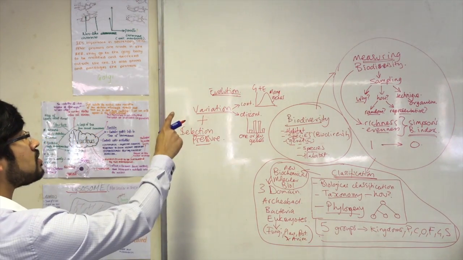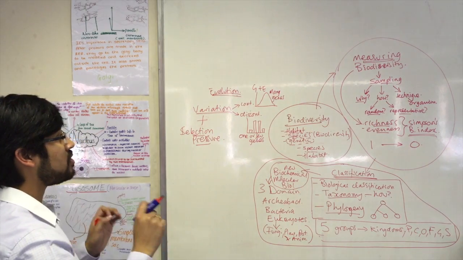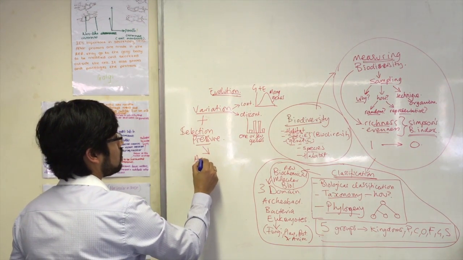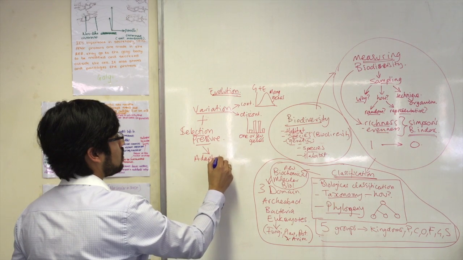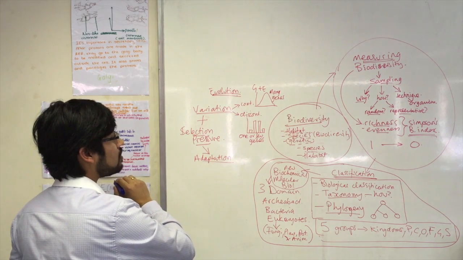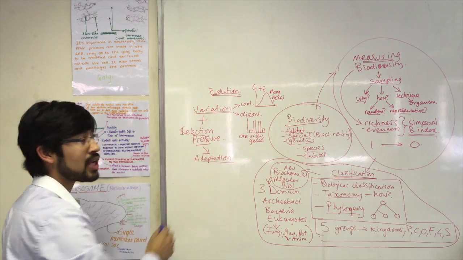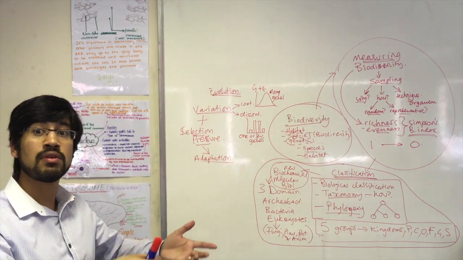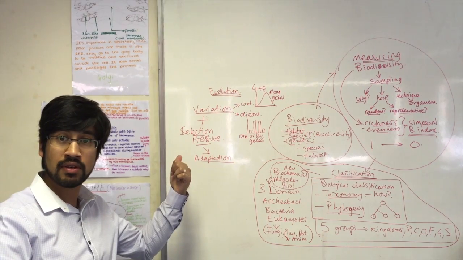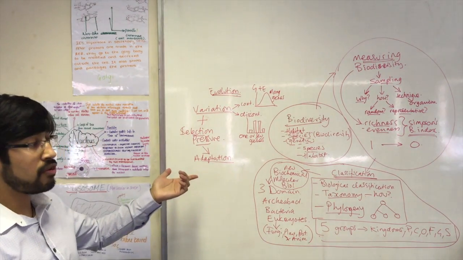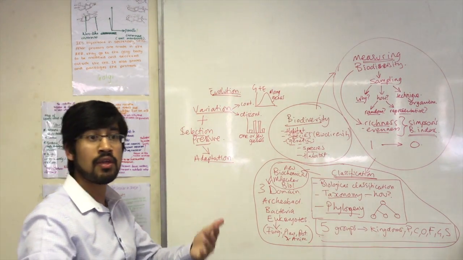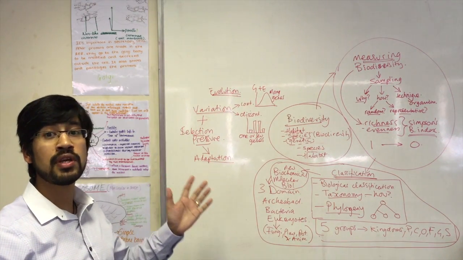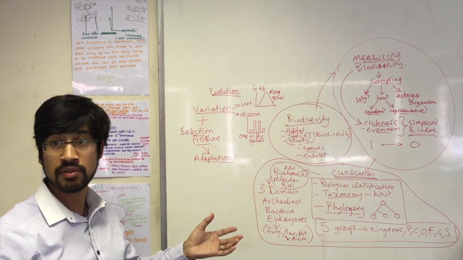So variation plus selection pressure is needed to get adaptation. And once you have adaptation, that means that your next generation is slightly different to your previous generation. And if the following generation is slightly different, and the following generation after that is slightly different, over many generations you're going to get change in the organism.